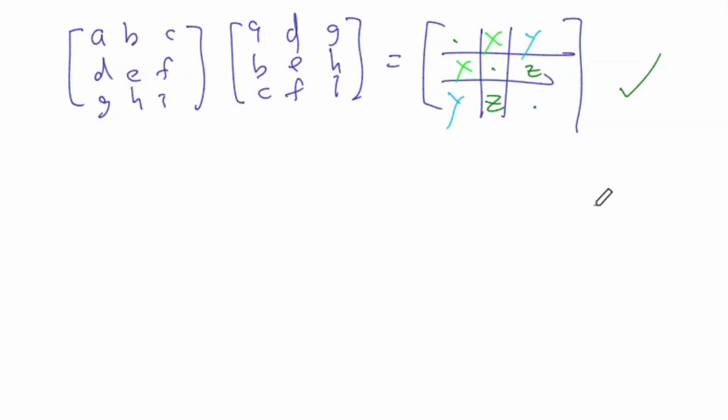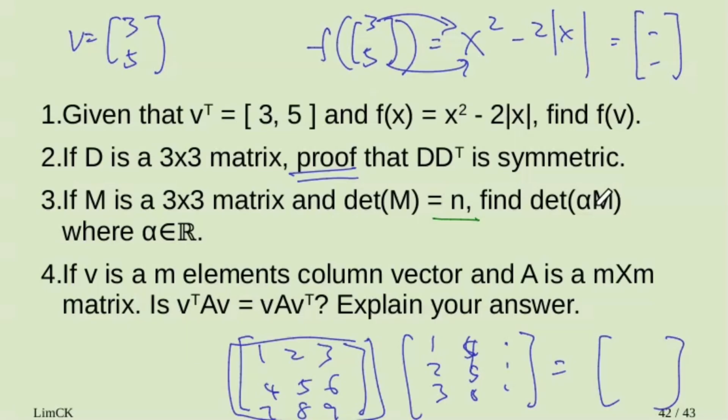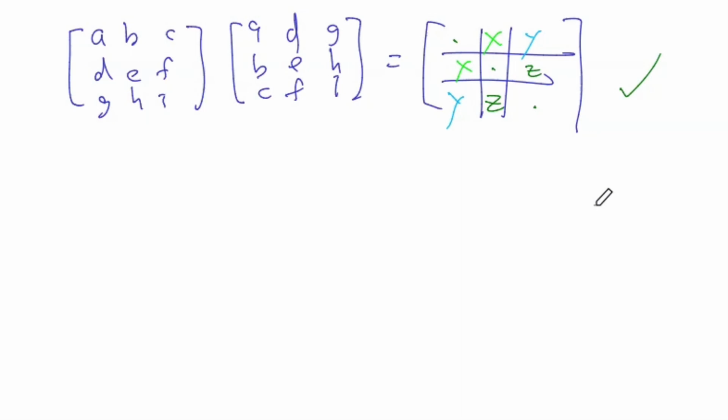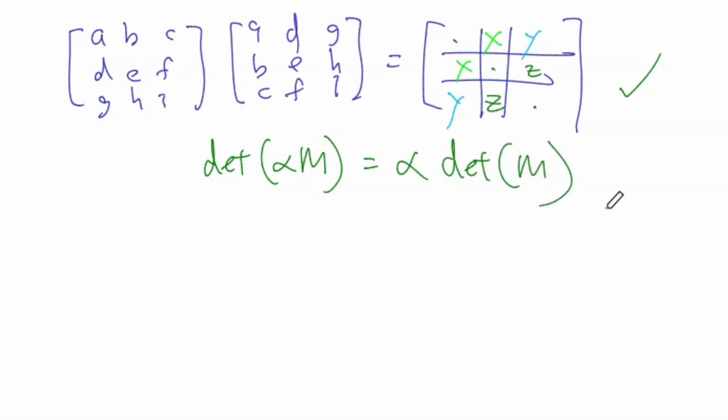You should not simply assume that the determinant of alpha M is equal to alpha multiplied with the determinant of M. If you assume that, you get it wrong.